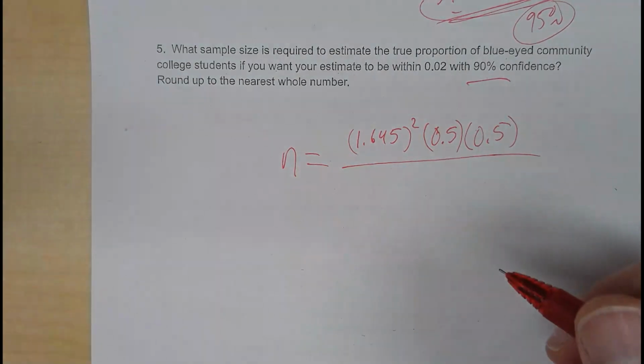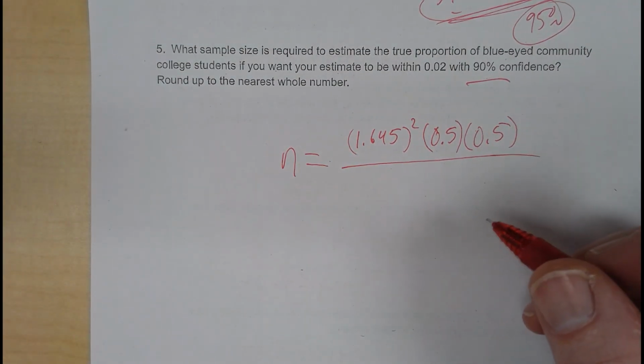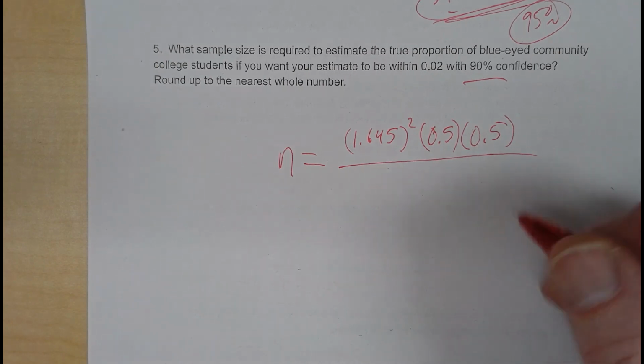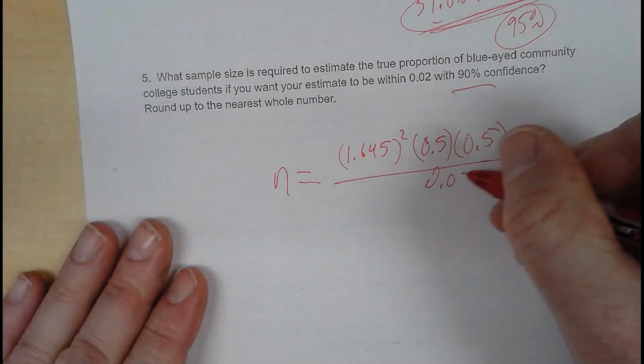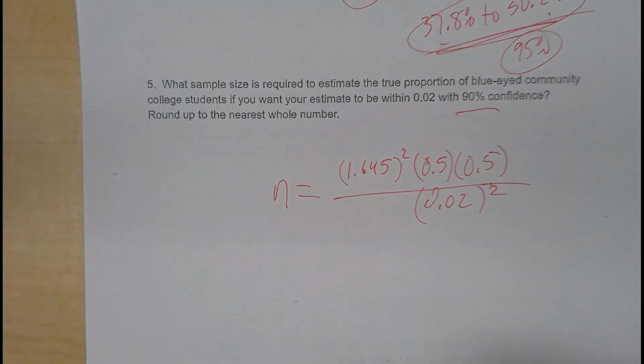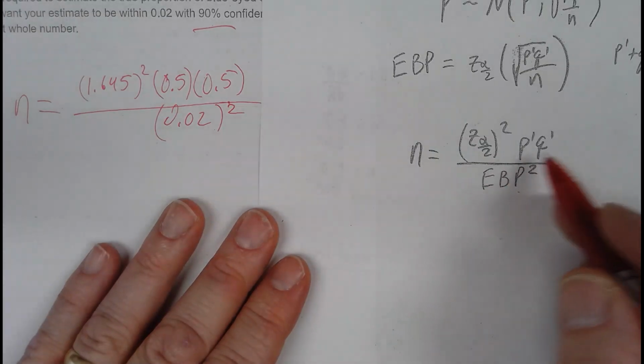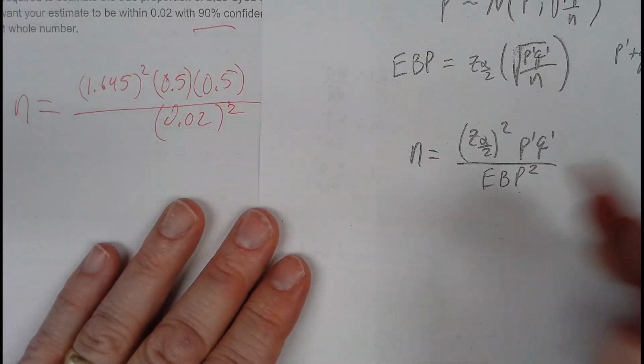And then 90%, we want to be off by 2%, so we're going to divide by 0.02 squared. So that follows the formula. We got the z-score, for and against, and then how far off we want to be.